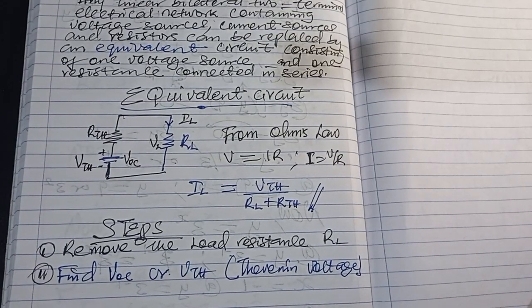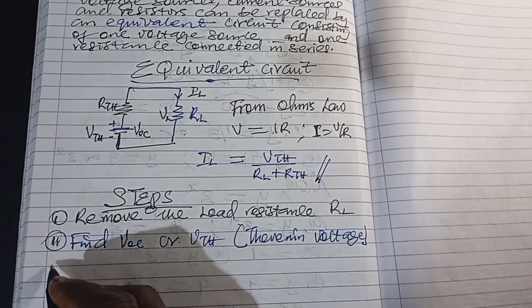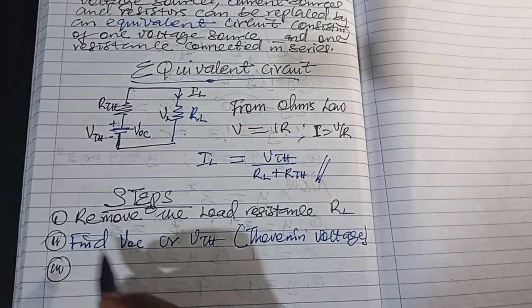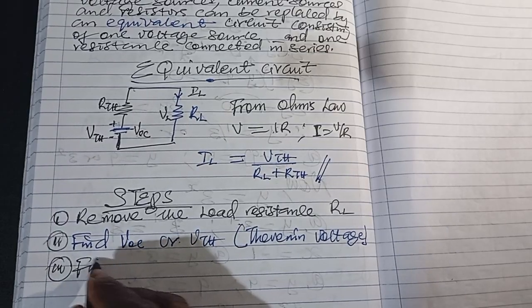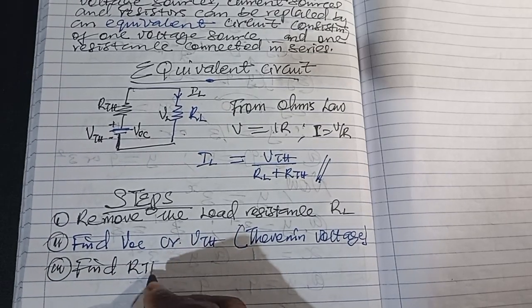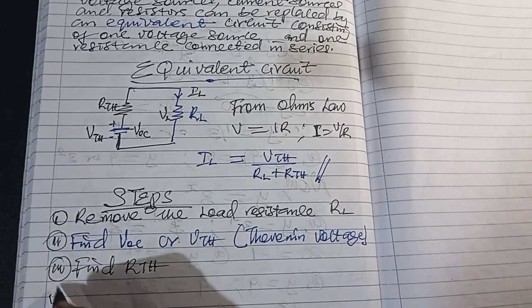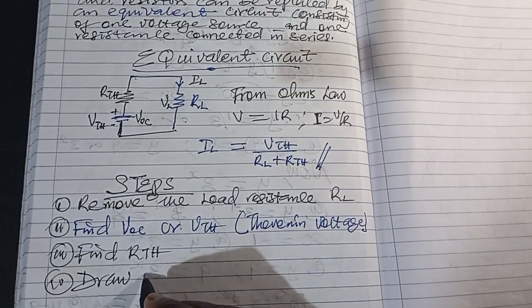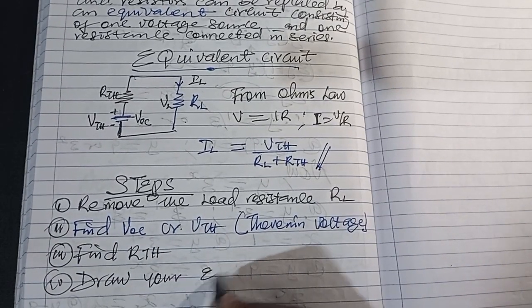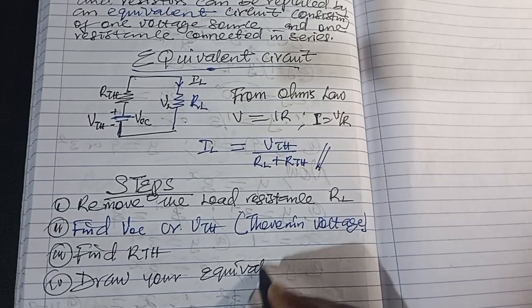Number 3, find your RTH. Number 4, draw your equivalent circuit.